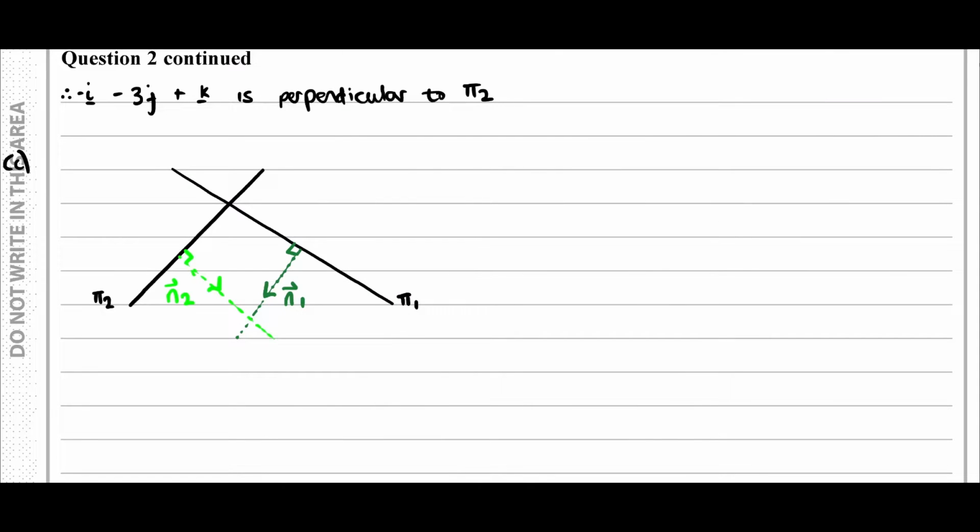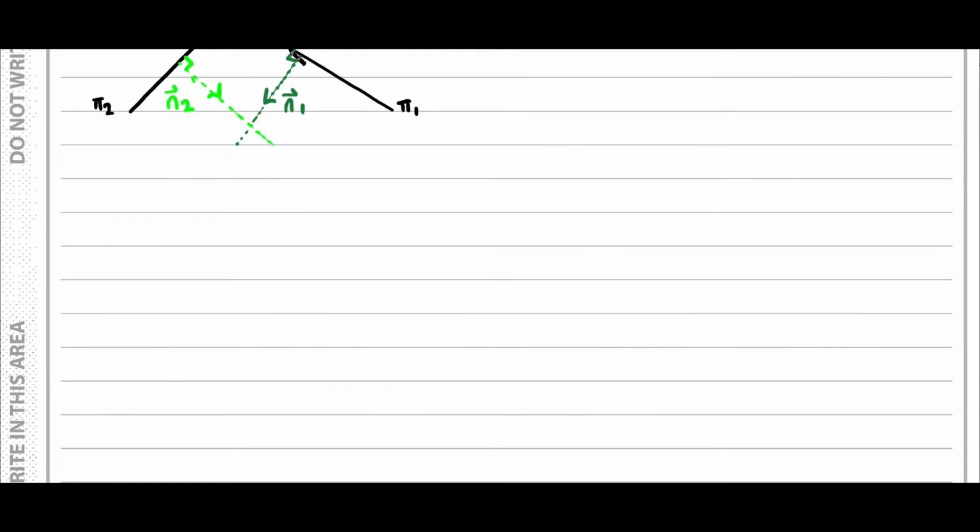Having drawn a quick diagram, we can then say that the angle between the normals is given by cos theta equals a general vector A dot product with a general vector B, divided by the modulus of A multiplied by the modulus of B.